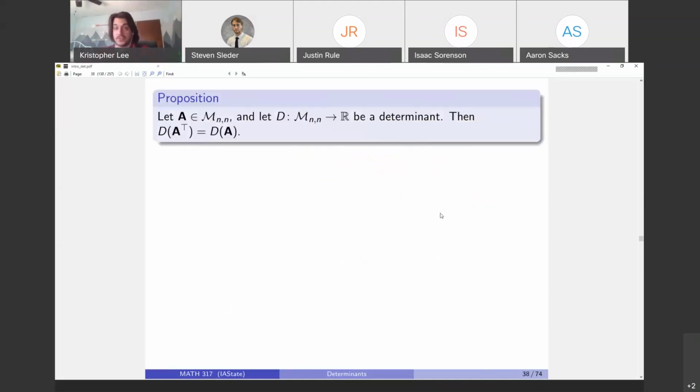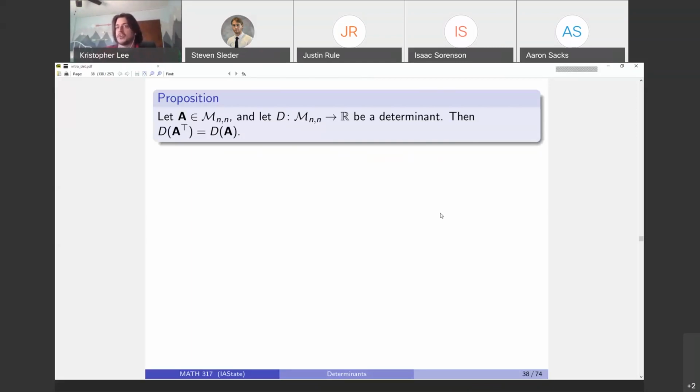The first one, which is a fun fact about determinants, is that the determinant of a transpose is the determinant of the original. So transposing does not affect the value of a determinant. Now, this is a fact that you can prove using the recursive formula, but that proof, especially out of all the proofs that you can get with the recursive formula for the determinant, is completely and utterly uninstructive and is just a recursive induction nightmare to get it to work.